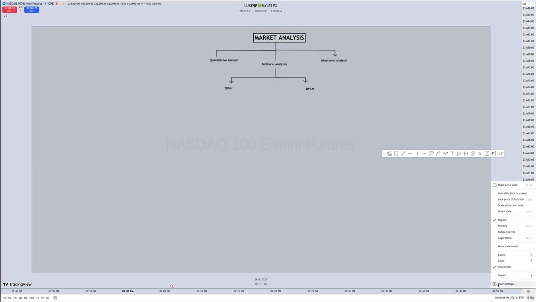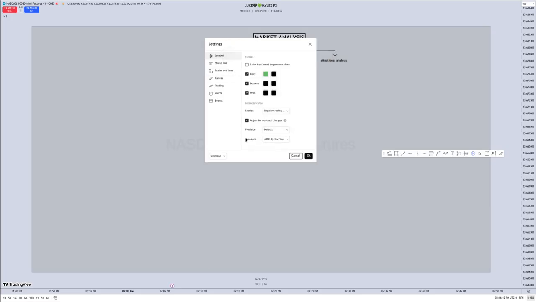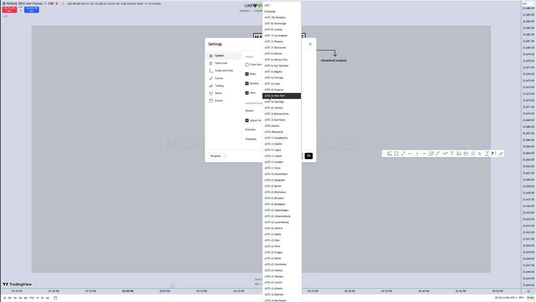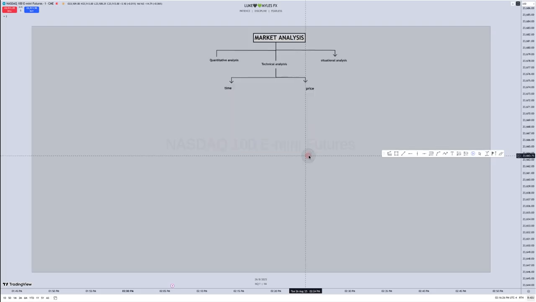So if I come to my settings on TradingView and I go to more settings, if I go to symbol, you're going to look for time zone, and you're going to look for UTC -4. This is New York time. New York time is the time zone that we trade in. So whatever I'm to teach you will have to dwell around that time. If you don't have your TradingView set to New York time, then you will have trouble.